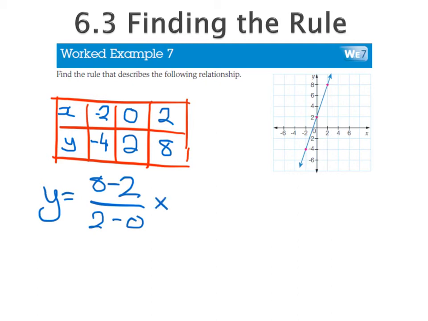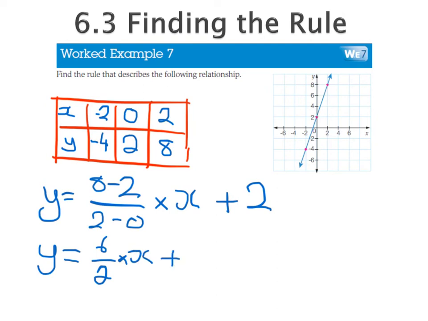Then that's going to be times by our x, and in this instance we're fortunate that we also have a y-intercept given, and it's 2, so I just have to write +2. Now if I simplify that down, I have 6 divided by 2 times x plus 2. 6 divided by 2 equals 3, so I actually get 3x plus 2.